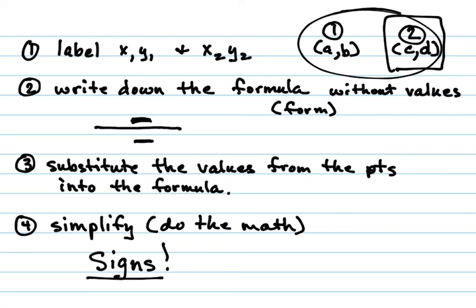So that minus in the formula is going to turn any positives into negatives. The minus in the formula is going to turn any negatives into positives, right? And that's one reason why I like for you to write it down before you start putting numbers in. Okay? And that's going to give us our slope if we know 2 points.